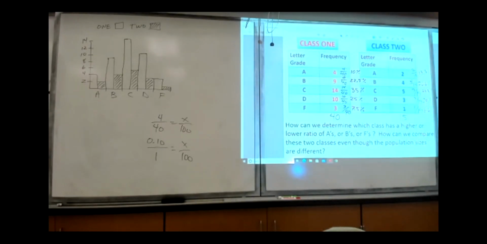So when we convert to percents, we're converting both classes to be a rate per 100. So it's kind of like saying, okay, now both sizes are 100 instead of 40 and 15. And when you do this, notice that the A's and B's for class 2 are actually more. The percentages are bigger. So you would have more people per 100 in class 2 get an A or B. All right.